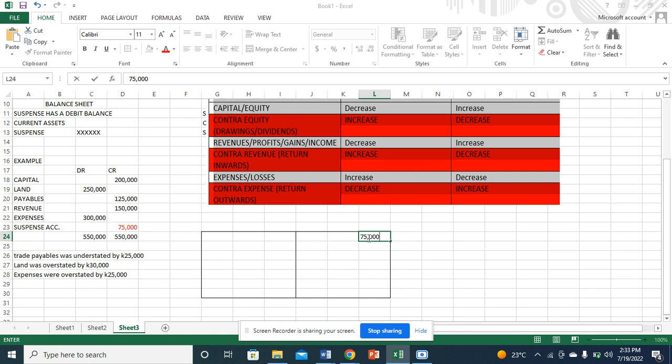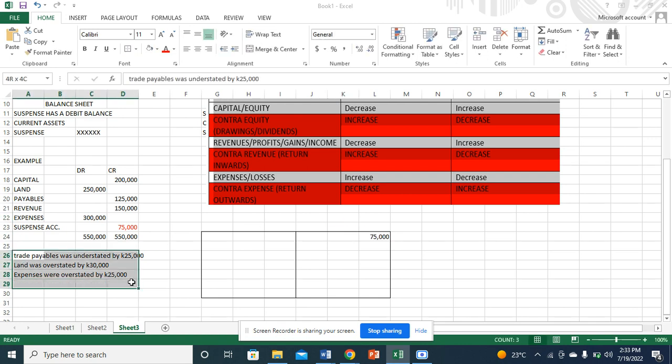And if we are not able to spot these errors, we would have treated this suspense account as a current liability on the balance sheet. But since we spotted these errors, we have to correct them and we close the suspense account.